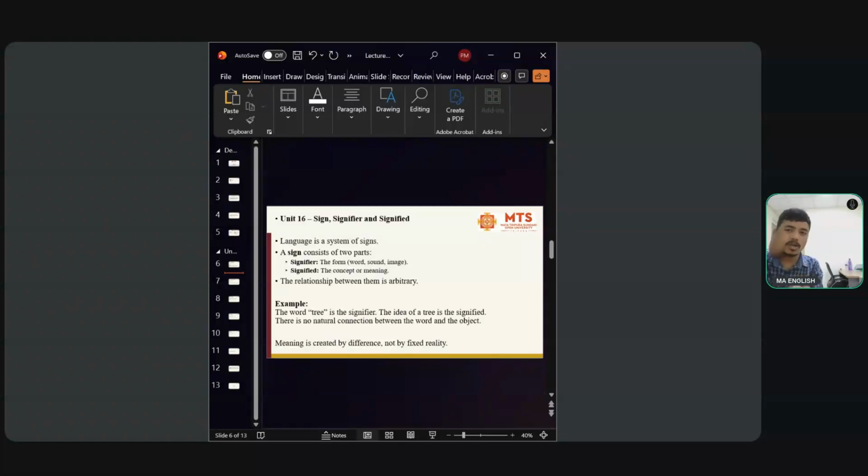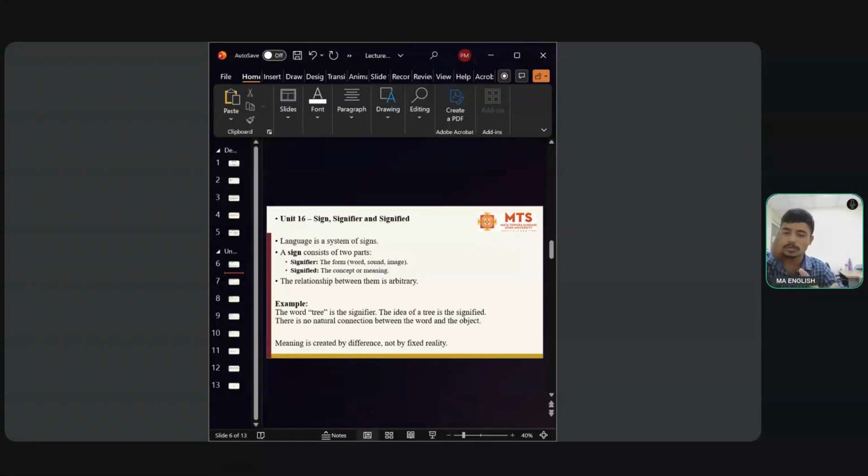Before Saussure, most people assumed that words were like labels. You had an object, and the word was the name you gave it. So Saussure said, no, language is much more complex and much more interesting than that.